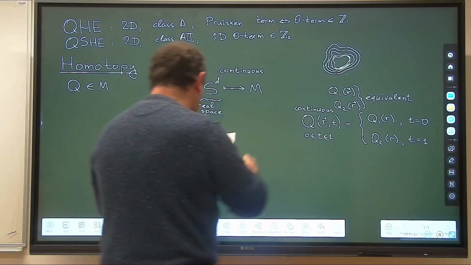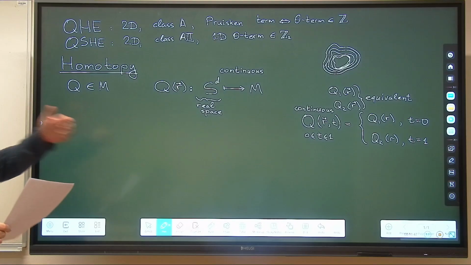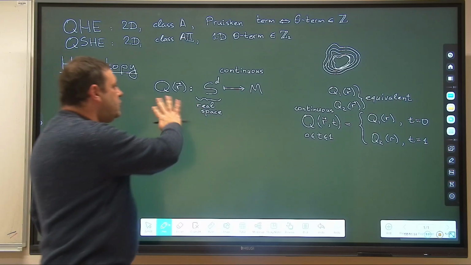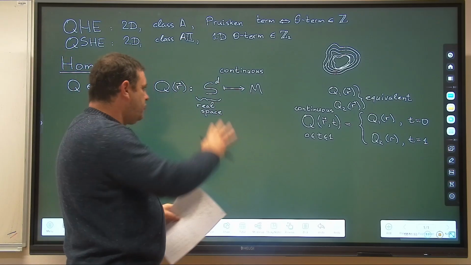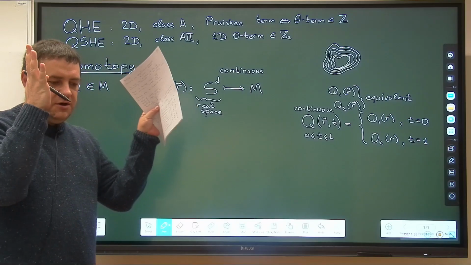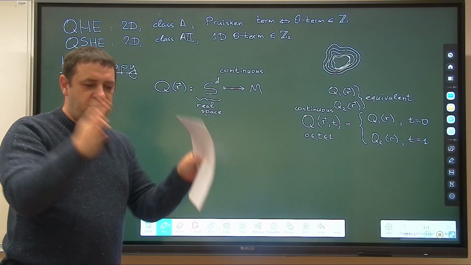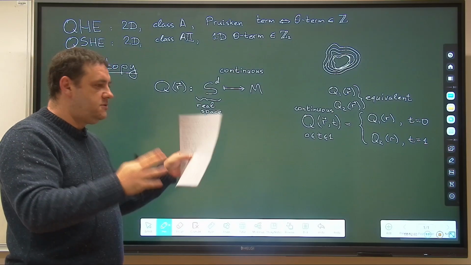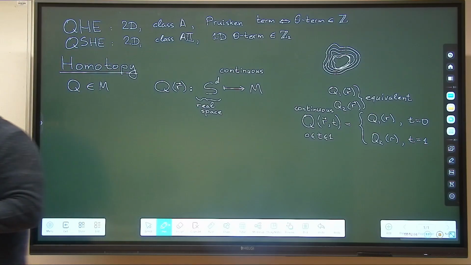So two maps are equivalent if we can continuously deform one into the other, which means that all possible maps from this to that can be separated into classes of equivalent maps. These classes are called homotopy classes.